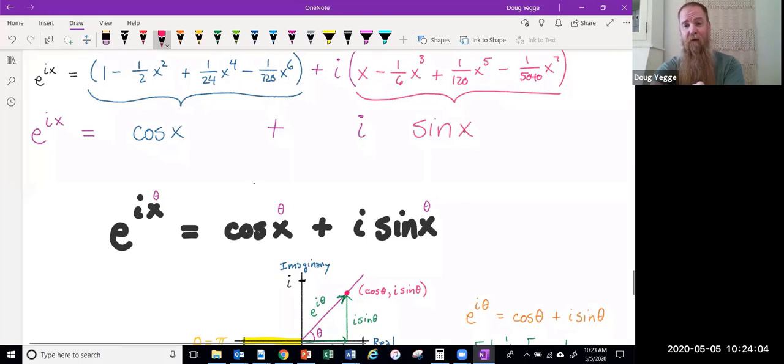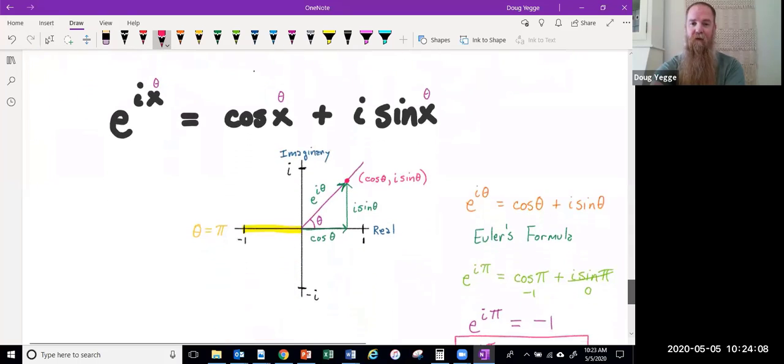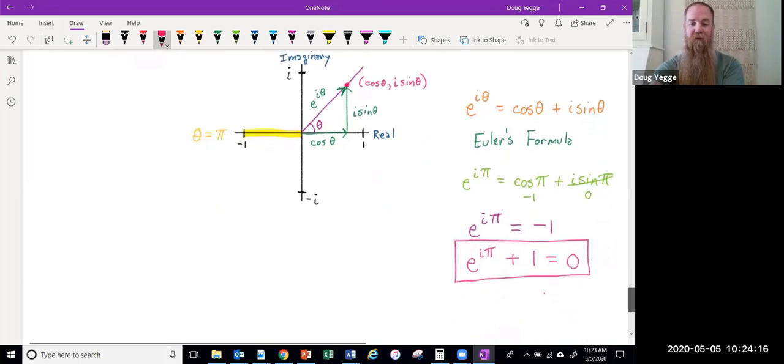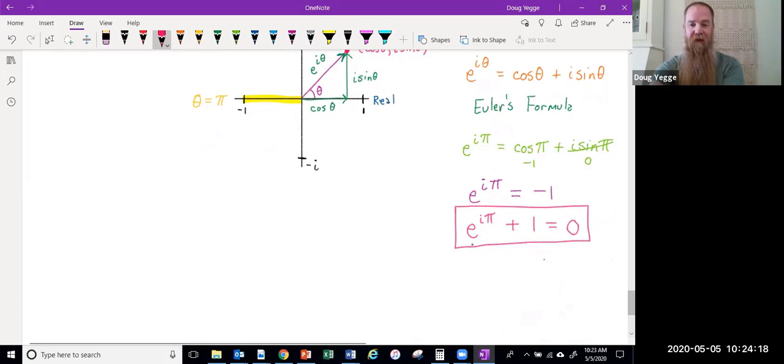Sine of pi is 0, and it canceled out, which ended up showing me that even though that Euler's formula right there is the standard relationship between e, cosine, and sine, the most beautiful part of the formula is that e to the i pi plus 1 is equal to 0. Let that sink in for a minute, because that's pretty freaking awesome.